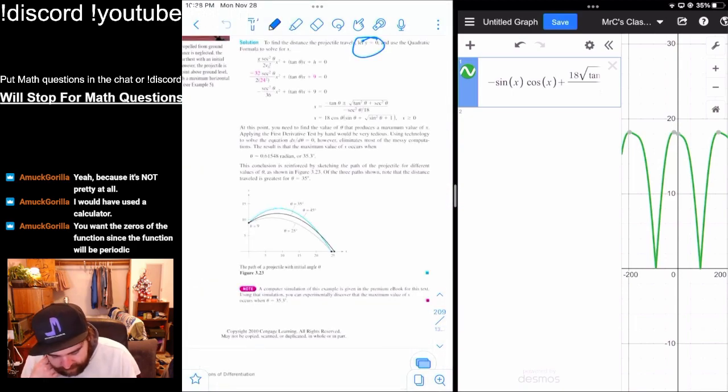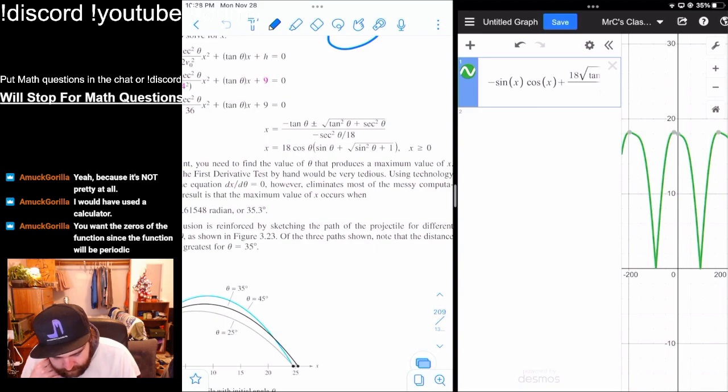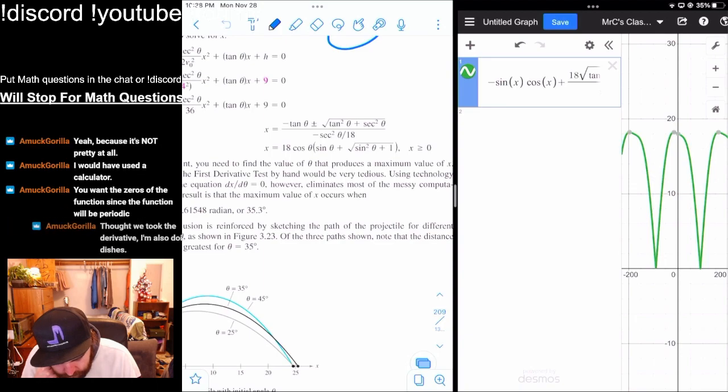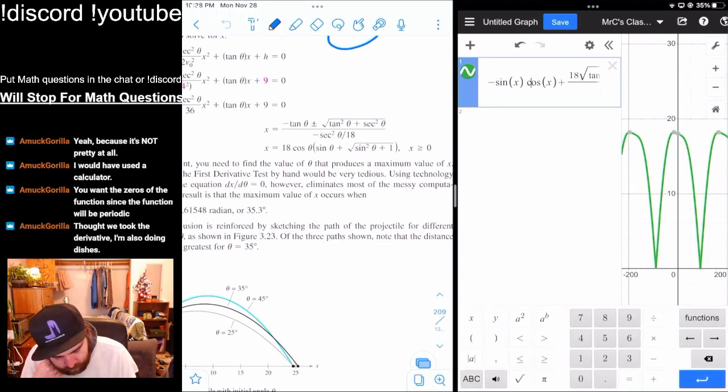I just somehow messed up the simplifying of this equation. I don't exactly see how they manipulated that.